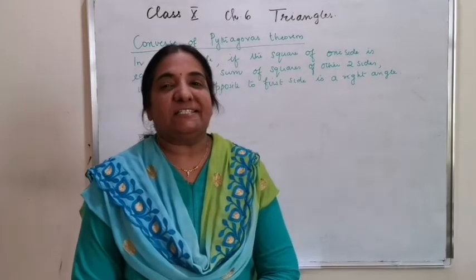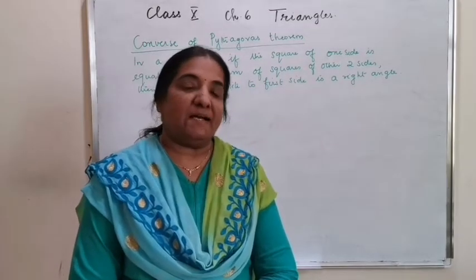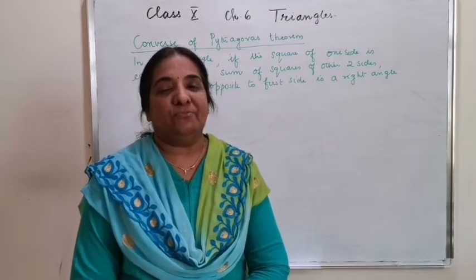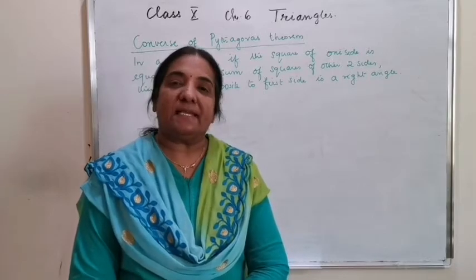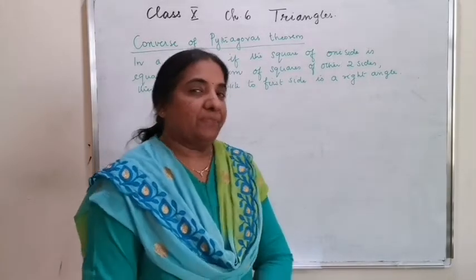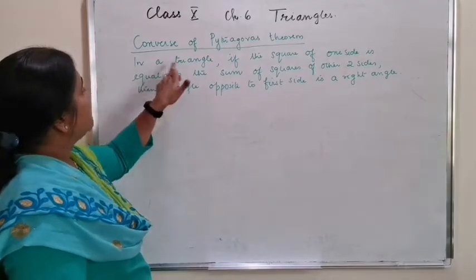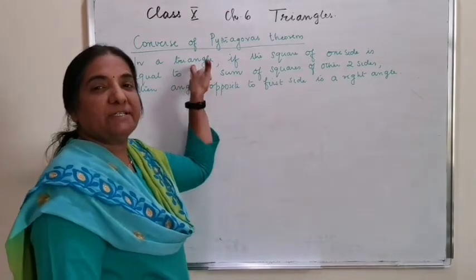Converse of Pythagoras theorem. This also may be asked as: state and prove the converse of Pythagoras theorem. The statement needs to be studied. The statement is, in a triangle, you cannot mention it as a right triangle.